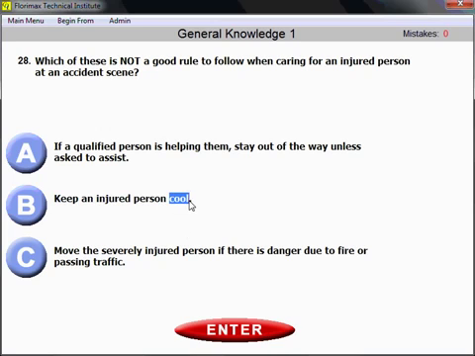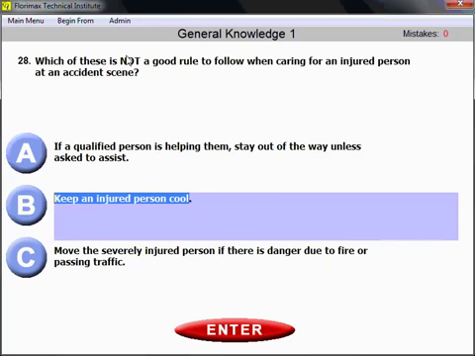And the person who wrote this question is trying to trick you, and you might be choosing this option. Cool? No, that's a wrong thing to do, and as a wrong thing to do at the accident scene, this is the correct answer. Please remember, not a good rule to follow: keep an injured person cool, because he or she needs to be kept warm at the accident scene.